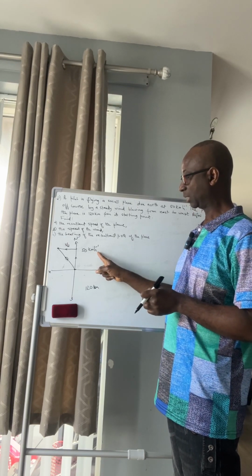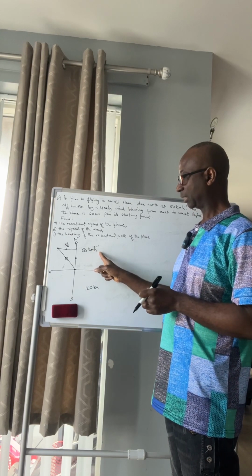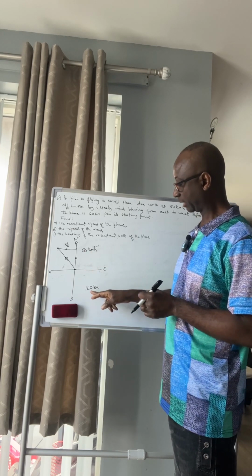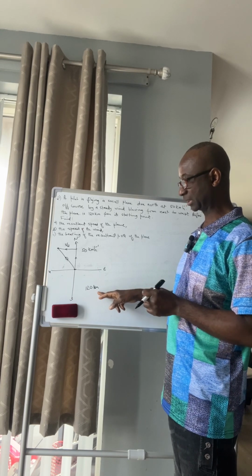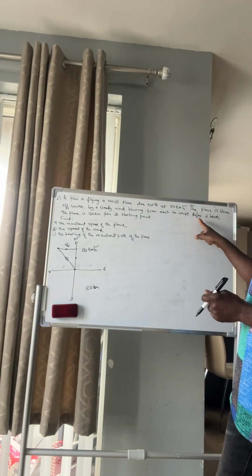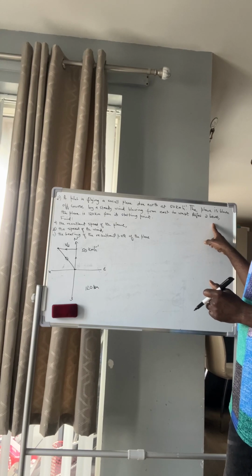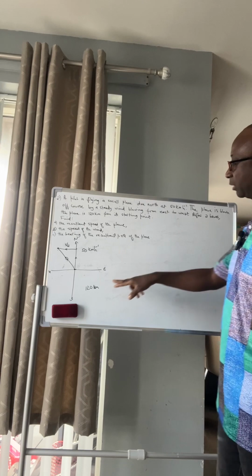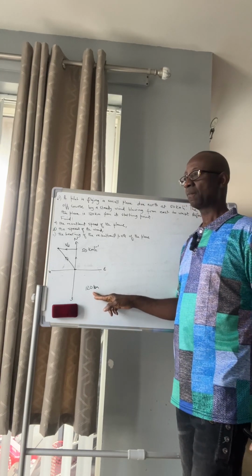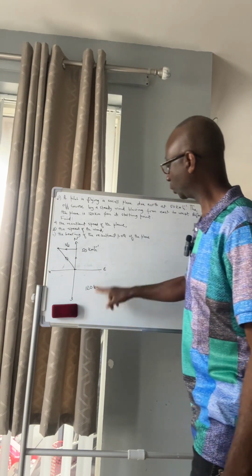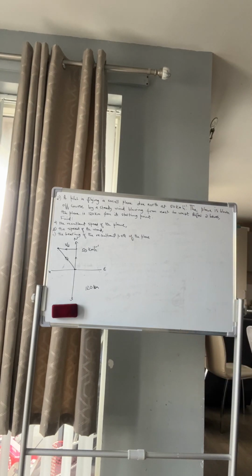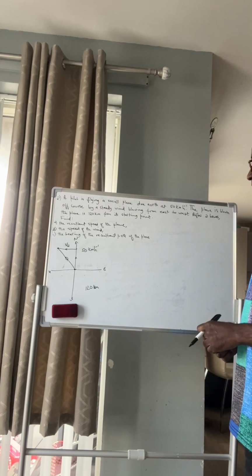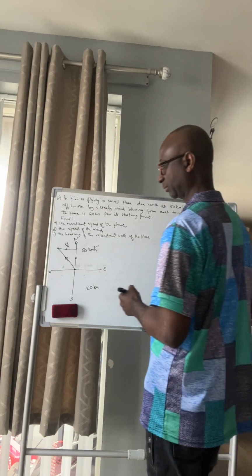Kilometers per hour. For every 1 hour, he did 50 kilometers. And here is 120 kilometers. And we are told it was after 2 hours. So then, if in 2 hours he did 120 kilometers, how many kilometers will he do in 1 hour? 2 hours, 120. 1 hour, 60 kilometers per hour.